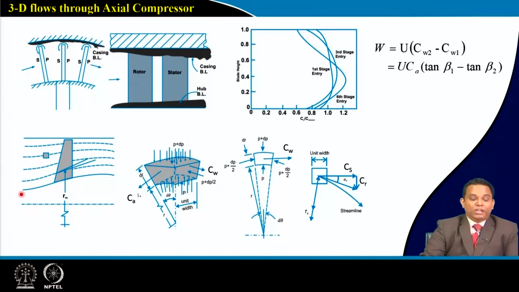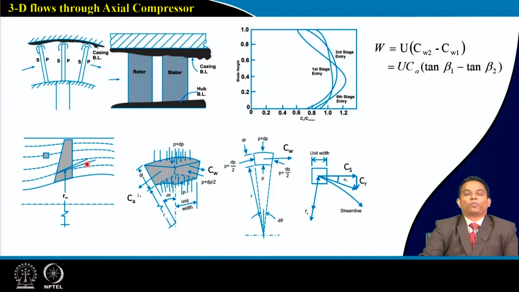In line with that, near the hub my streamlines will try to follow the curvature of my hub, and that will give some kind of inclination to our flow. That means we will have another component of velocity coming into the picture.